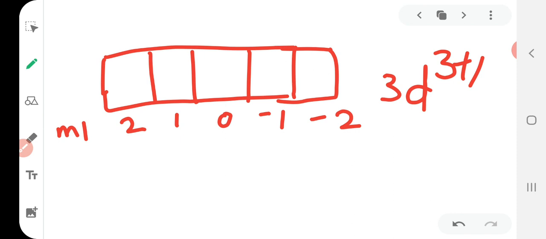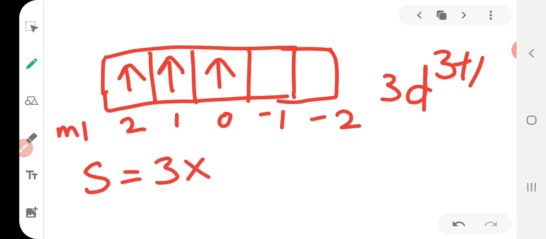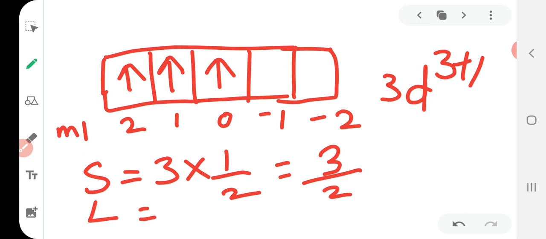So the 3 electrons are arranged in such a way to get maximum value of S. So this is the arrangement in accordance with Pauli's exclusion principle. So what will be the value of S? There are 3 electrons with up spin, that is 3 by 2. And what is the L value here? Adding all these ml values, that is 2 plus 1 plus 0, that is 3.